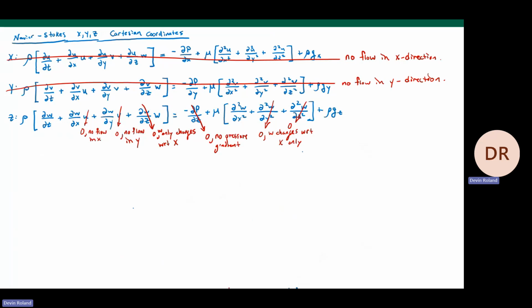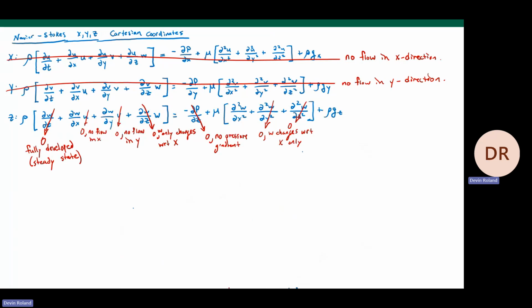So with that in mind, set dw dt equal to 0 because it's not changing with respect to time anymore. It's steady state, it's fully developed. All right, lots of assumptions, lots of simplifications, I might say.